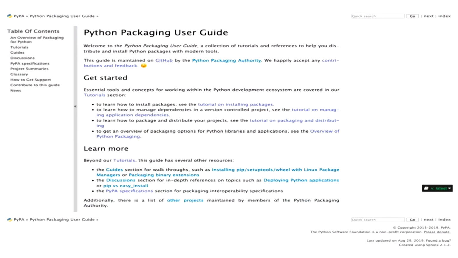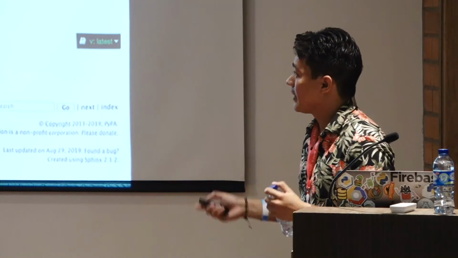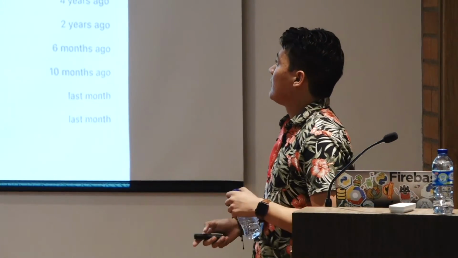Also, if you need to understand the core concepts more deeply, you can go to the Python Packaging User Guide. There is a very step-by-step tutorial. If you follow it, you will end up with a very cool Python package. It's very cool, in case you didn't know about it.